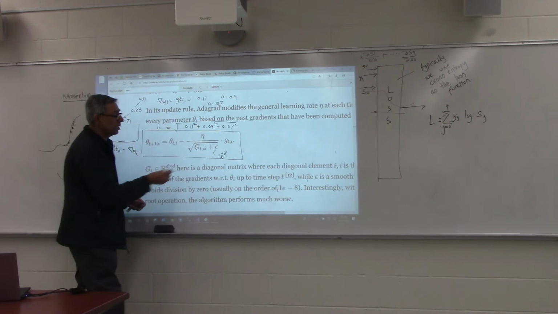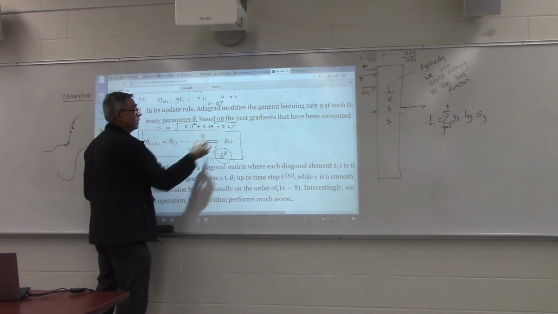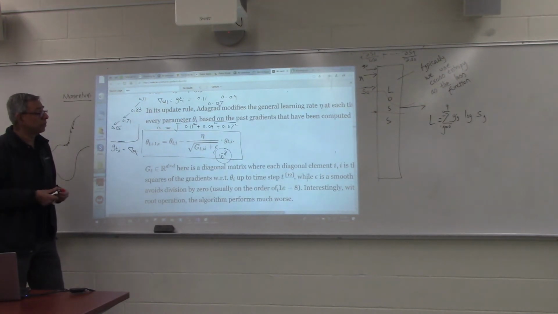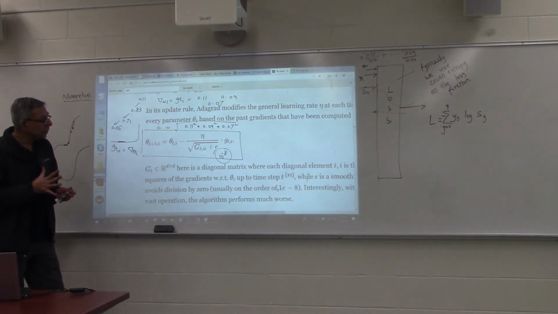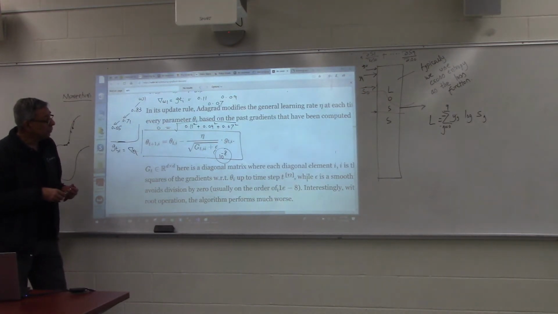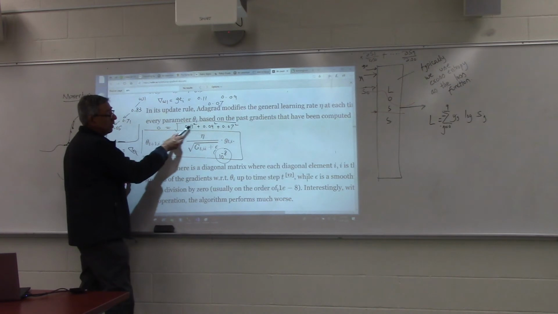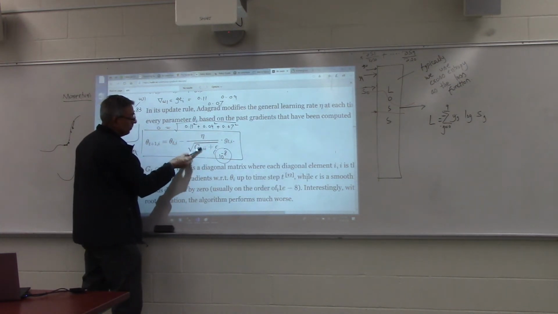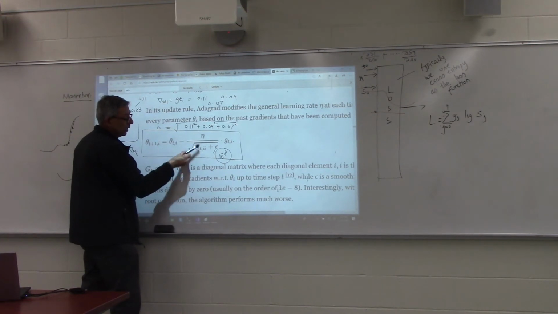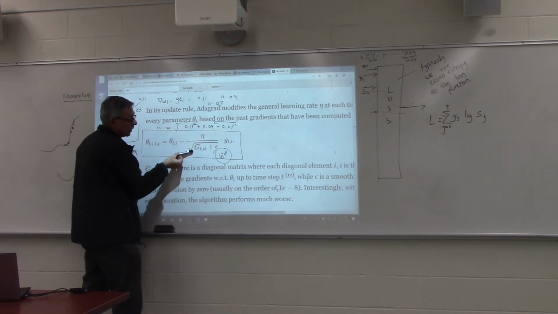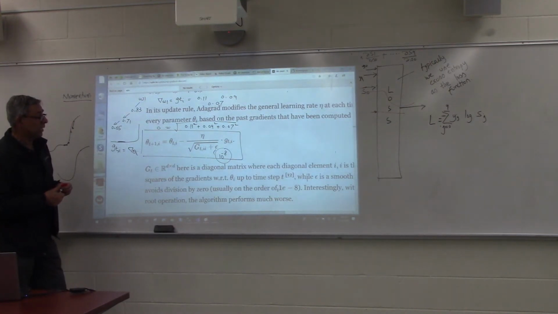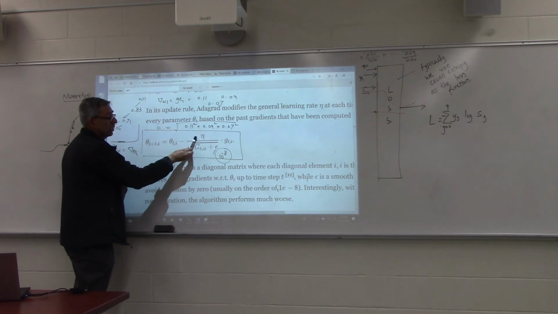So this is simply to make sure the computation produces a valid result and doesn't run into an overflow. So essentially what we are doing is keeping track of the past history of the gradients for each weight or each bias, adding them, doing the square root up to that point, and then adjusting this learning rate.